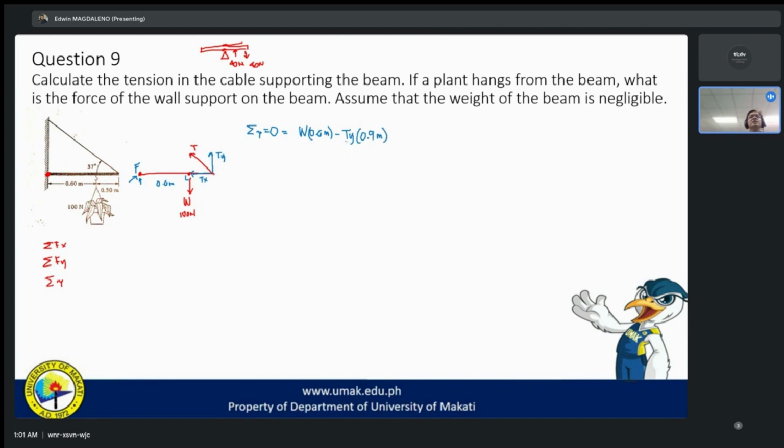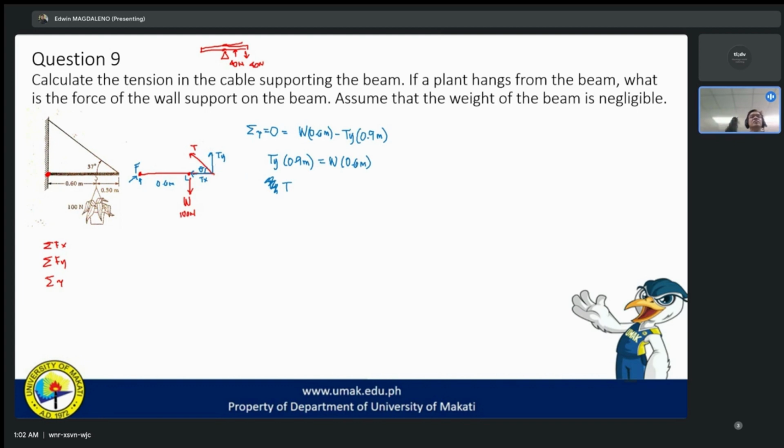Okay. So hinahanap natin is T. So kukuha natin T sub Y. So we have here T sub Y times 0.9 meters is equal to the weight times 0.6 meters. We have here angle theta, which is 37 degrees.